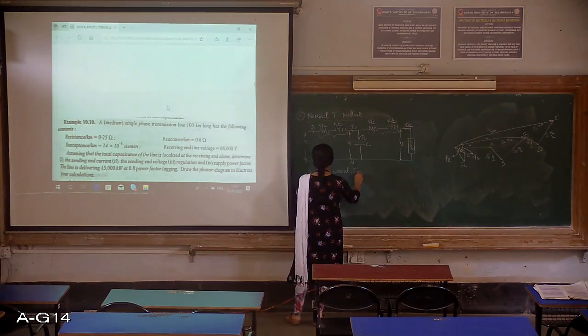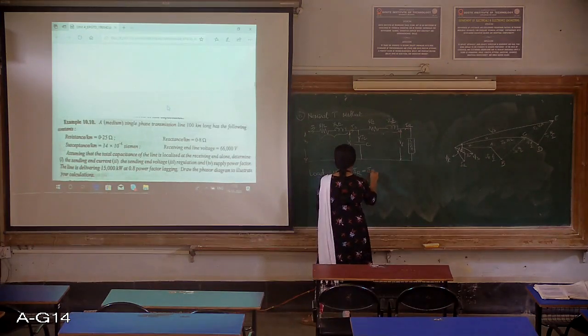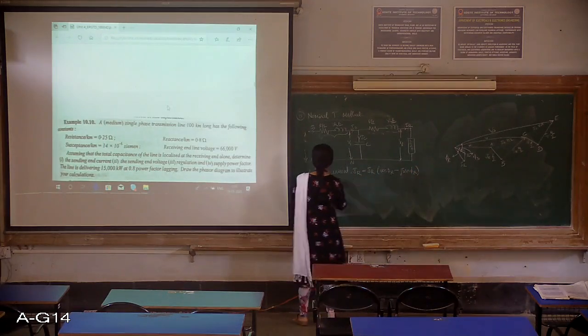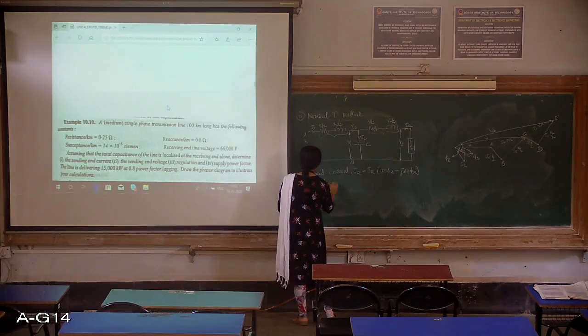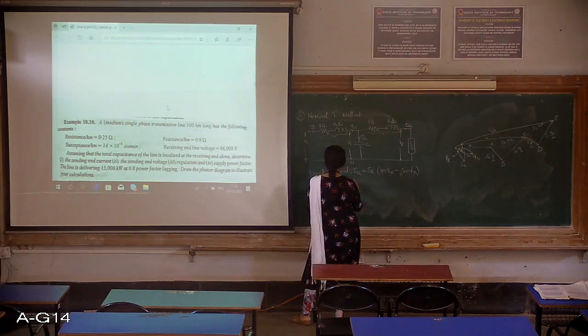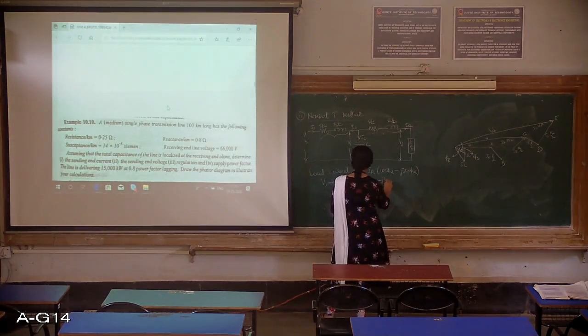Load current IR will be IR into cos phi r minus j sin phi r. V1, this is the same as what we have written for previous medium transmission lines also. End condenser method, VR plus IR into cos phi r minus j sin phi r.